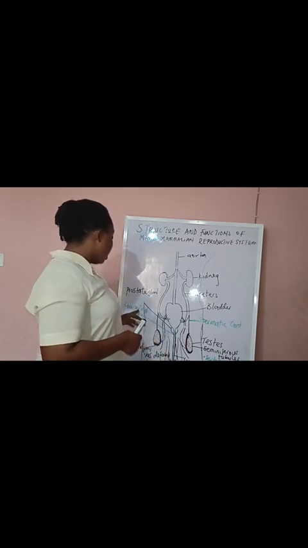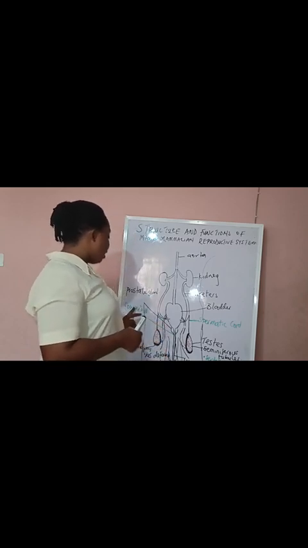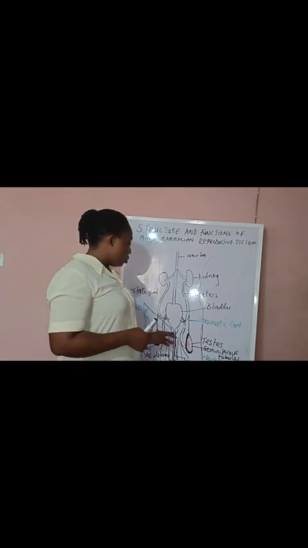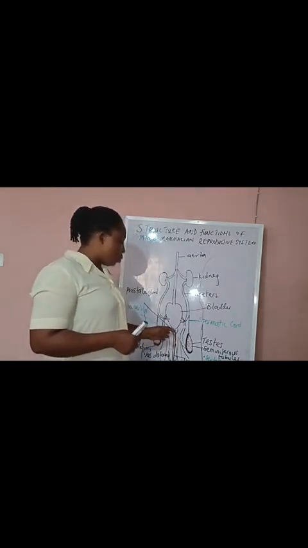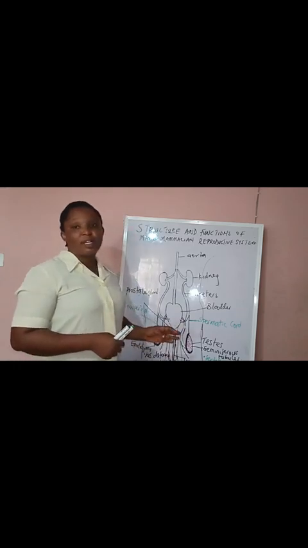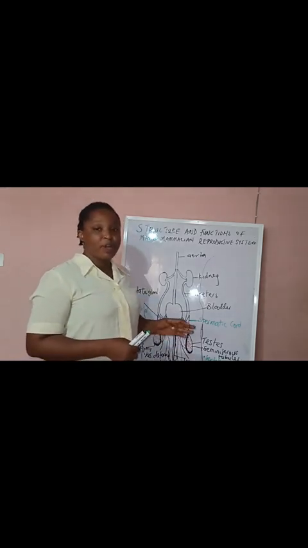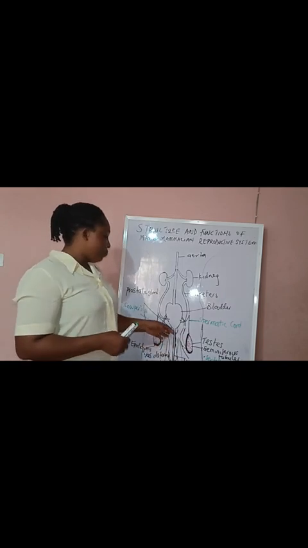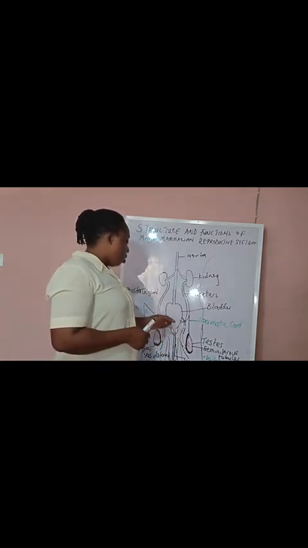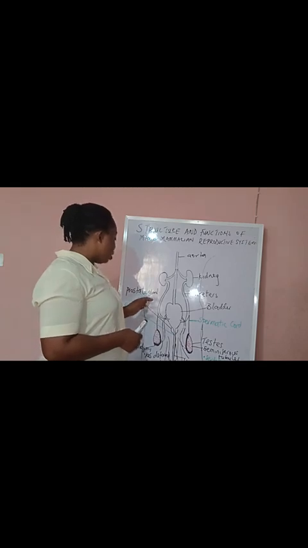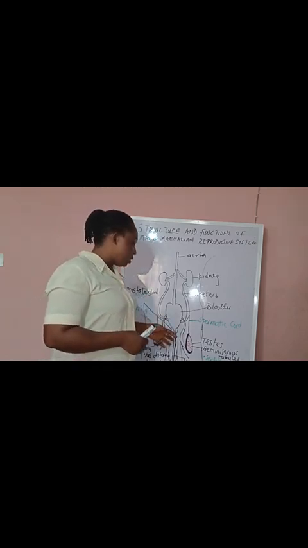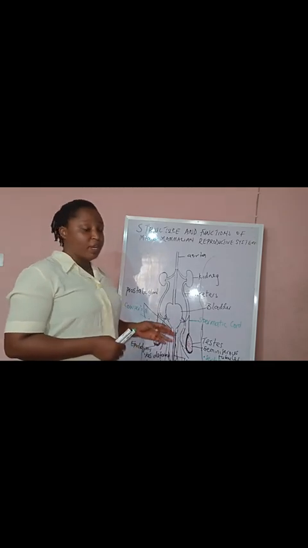After that, we have the Cowper's gland, also known as the bulbo-urethral gland. All these organs secrete part of the seminal fluid.